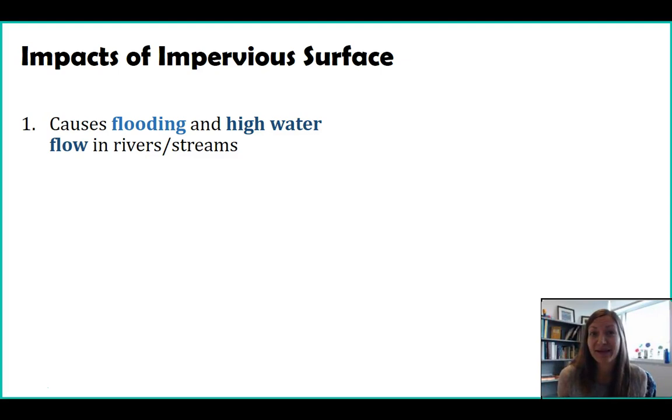Because there's nothing slowing it down. There was no sand, no soil, no plants to slow down that water. It was essentially, here we have a huge pipe, and we're dumping water through it, and it's not slowing down. If anything, it might be speeding up, and that's going to cause issues in the environment. So let me show you both of these things.